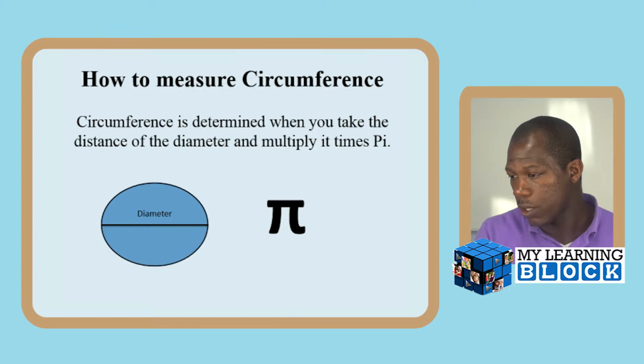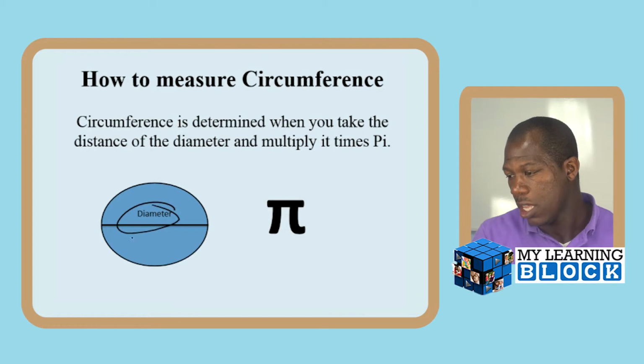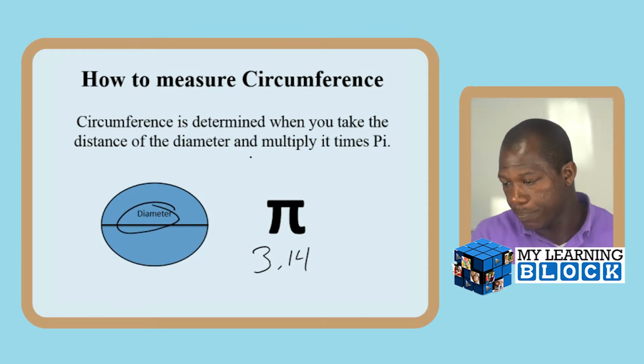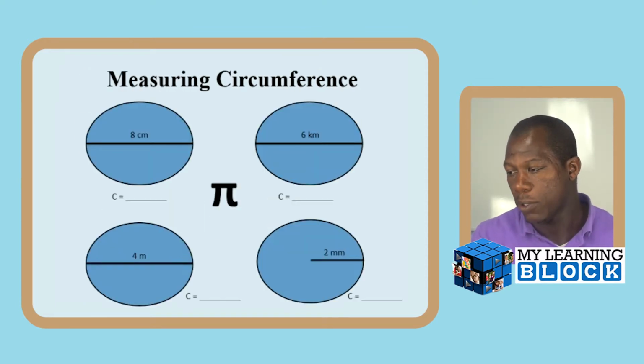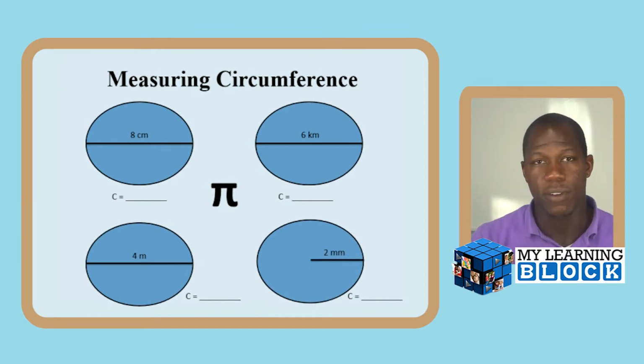So again, we're going to have whatever the diameter is of the circle, and that's the line that stretches from one side of the circle to the other side, crossing the center, times pi. Again, that is 3.14. All right, so we have a couple circles here, or 4 circles to be exact, 2 couples of circles here, in which we have diameters and the radius of the final one.